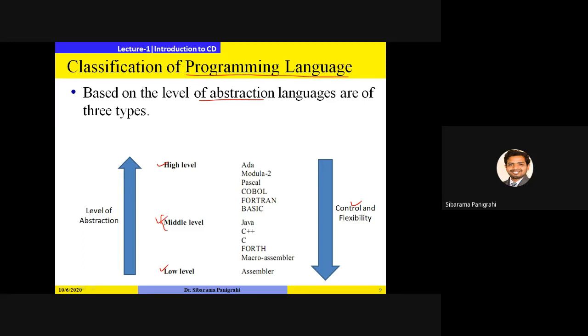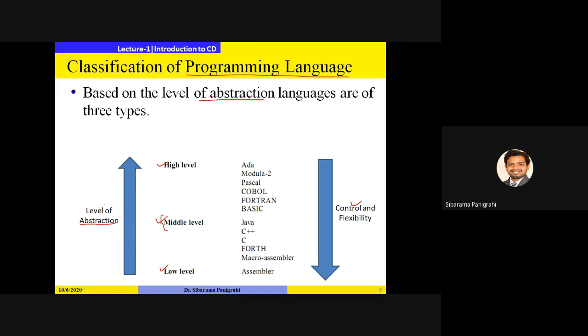Here there is a term called level of abstraction. What does it mean? Abstraction means representing the essential features without knowing the background details. If you write integer a, internally 4 bytes are occupied in memory for a. But a beginner programmer might not know that 4 bytes are allocated, or from which location they are allocated.